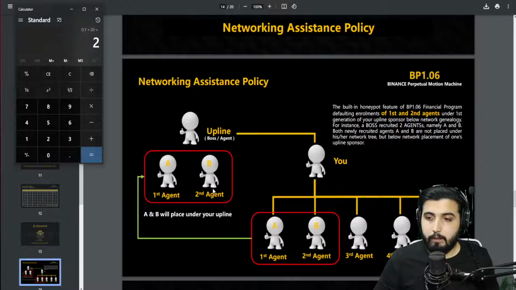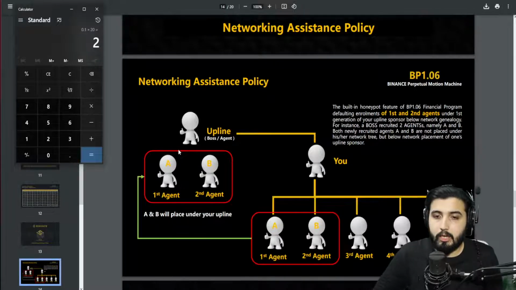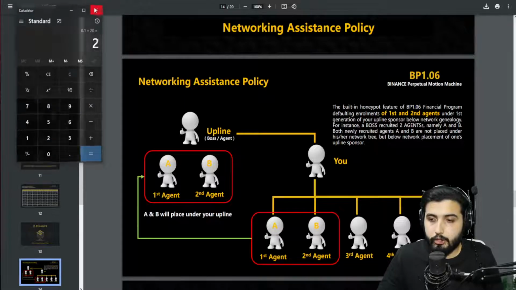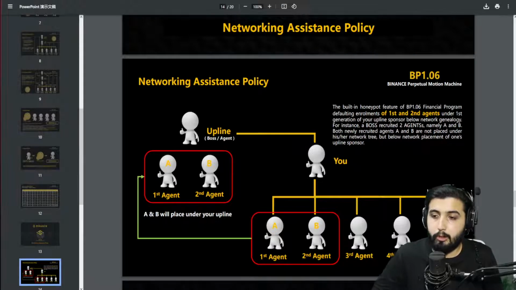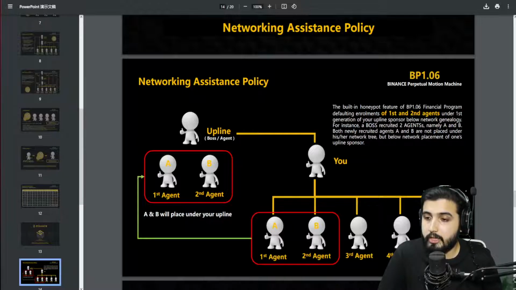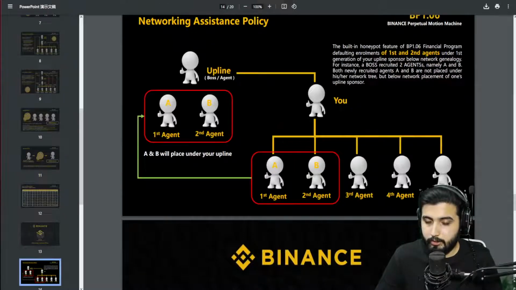So moving forth, we have this networking assistant policy. It says the built-in honeypot feature of the BP 1.06 financial program defaults enrollments of the first and second agents under the first generation of your upline sponsor's network genealogy. For instance, a boss recruited 2 agents. So this is us.